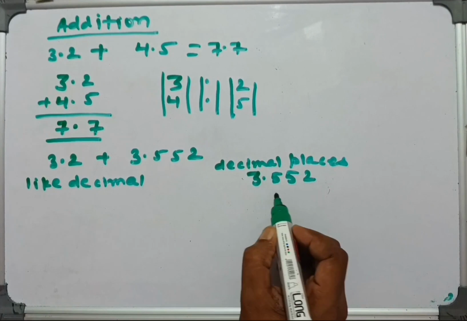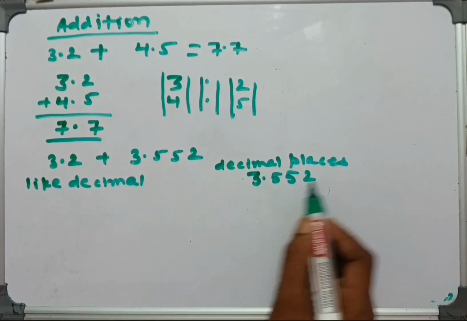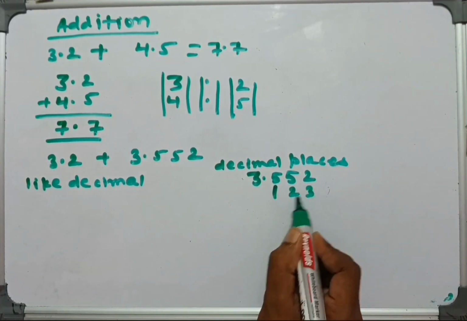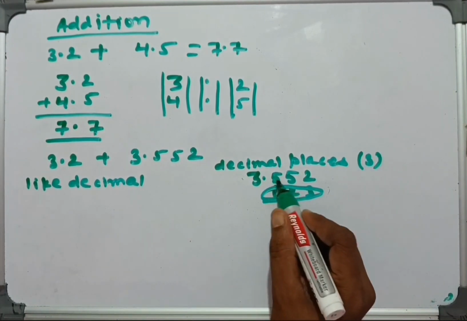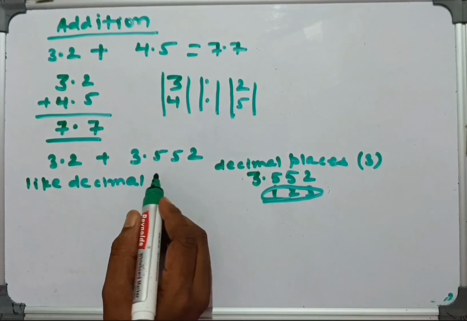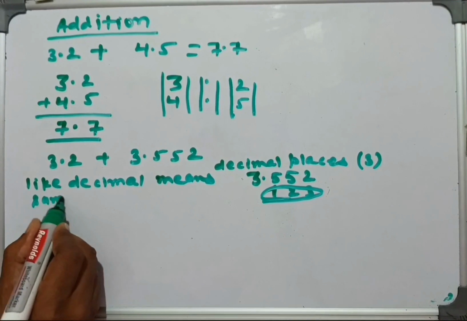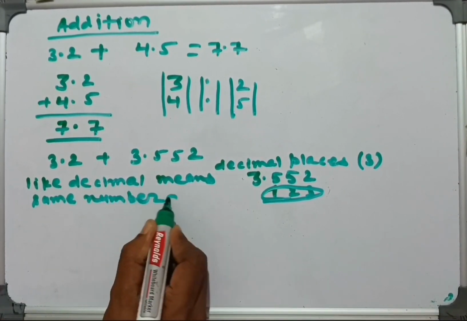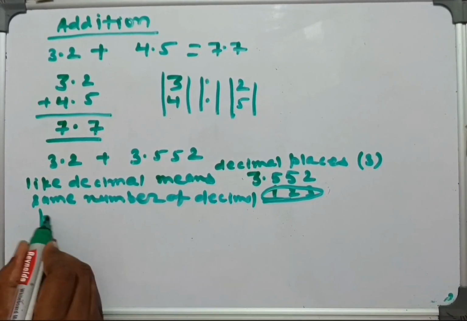This one has 3 decimal places: 1, 2 and 3. So the decimal places for this decimal number is 3. Like decimals mean the same number of decimal places.